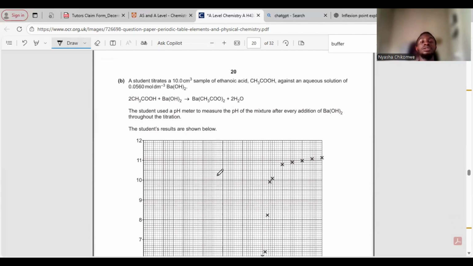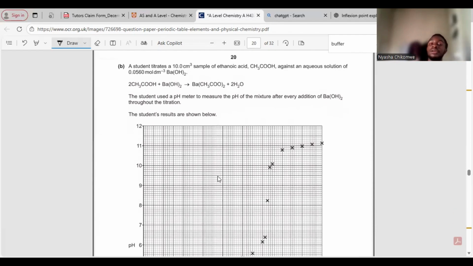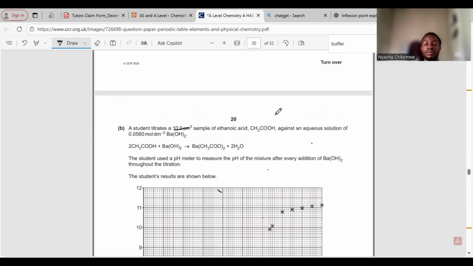We can move on. A student titrates 10 cubic centimeters of a sample of ethanoic acid against an aqueous solution of barium hydroxide of that concentration.